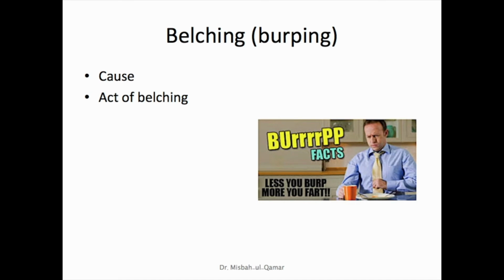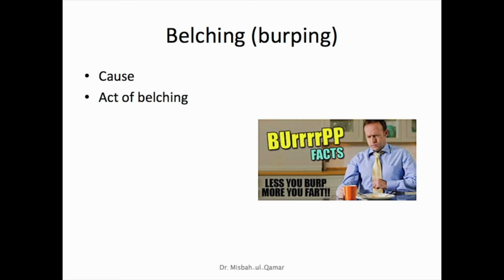The act of belching requires coordination of several activities, like the closure of larynx, which prevents entry of liquid or food with air from stomach into lungs. Also, there is elevation of larynx and relaxation of upper esophageal sphincter, which allows the exit of air through esophagus more easily.